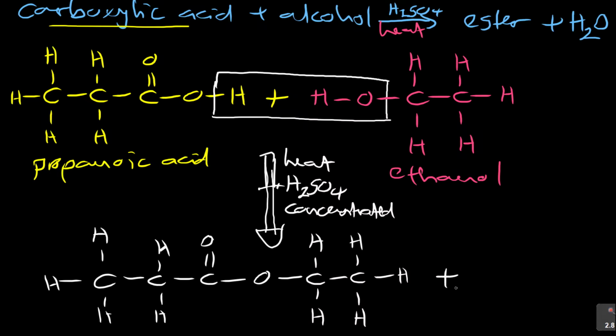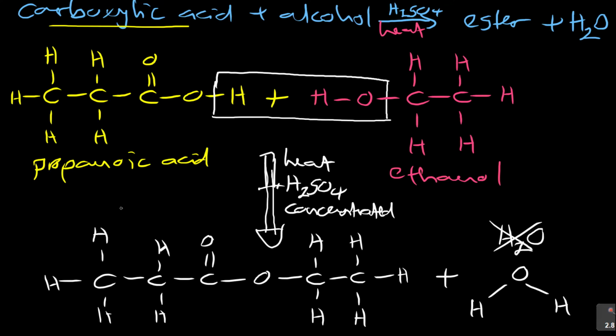Then you say plus. Remember, they said structural formula, so I always want you to be careful there. You can write your water, you can put it like this. Still fine. Leave it like that. Don't say H2O. Avoid this part. Leave it like that. Now, what is the name of this? Remember, when you're naming, you start with what?